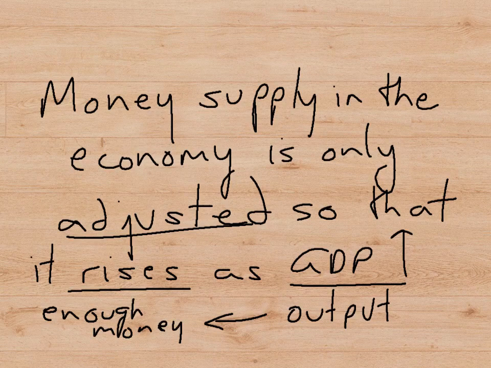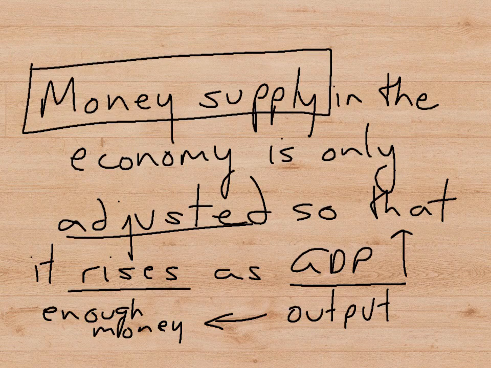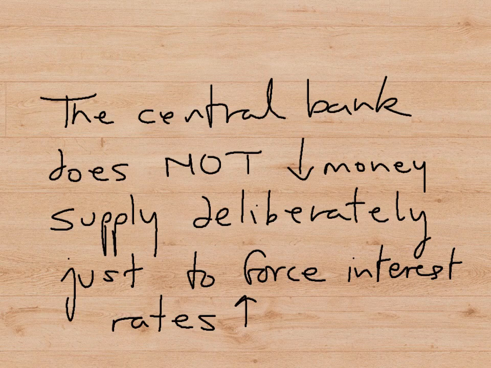It makes sure that there is enough money in the economy and that the money supply is rising as GDP rises. This is how it uses money supply, not to influence the interest rate, but just to make sure that the growth in money supply matches the growth in the output of the economy. The central bank does not decrease the money supply deliberately in order to force interest rates to go up. This is not the way it uses money supply.